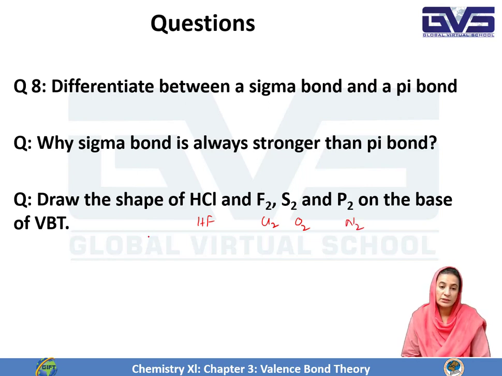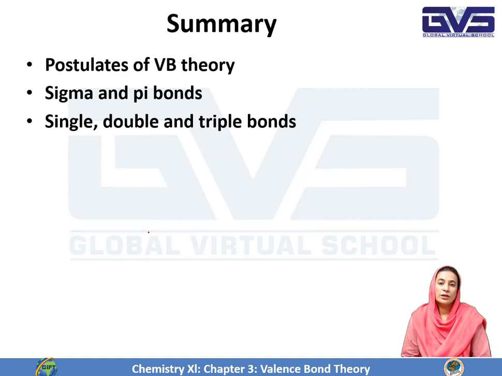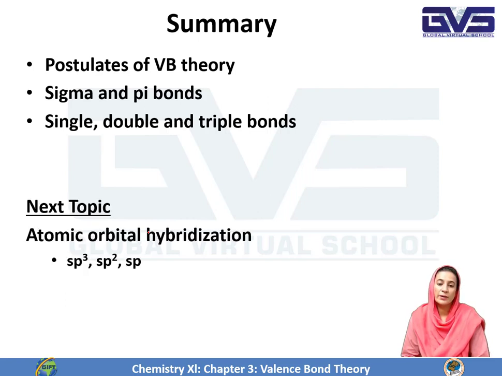So go and practice drawing the shapes of some of the other molecules also. So this was all about the valence bond theory, their postulates, and how sigma and pi bonds, what are their features, and how single, double and triple bonds are formed. Our next topic will be atomic orbital hybridization, and the hybridizations are of 3 types: sp3, sp2 and sp.